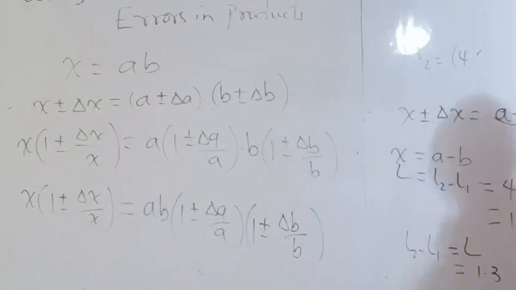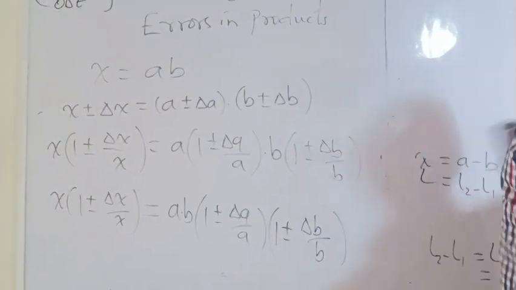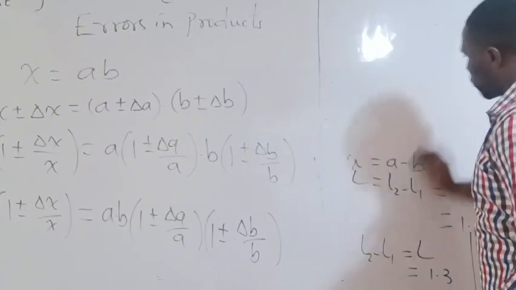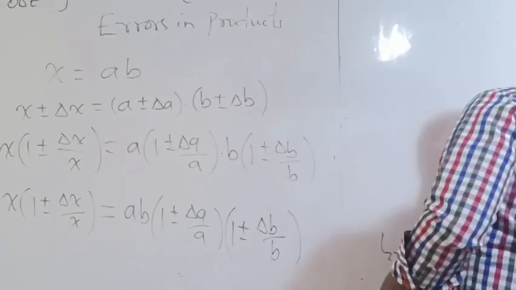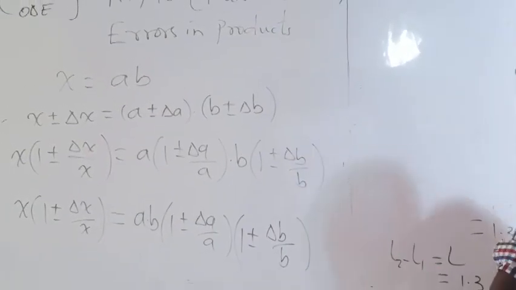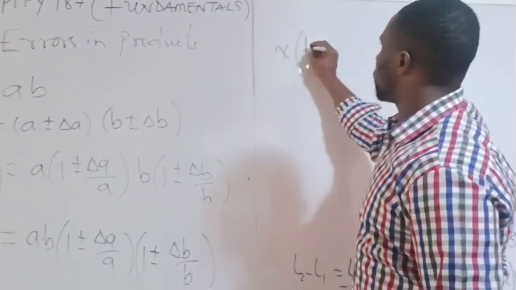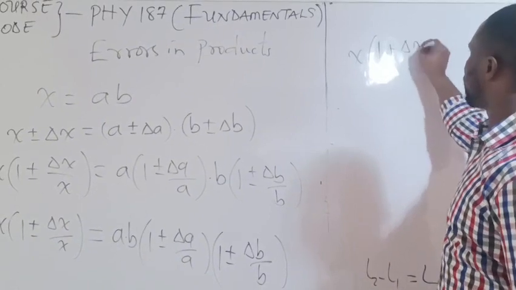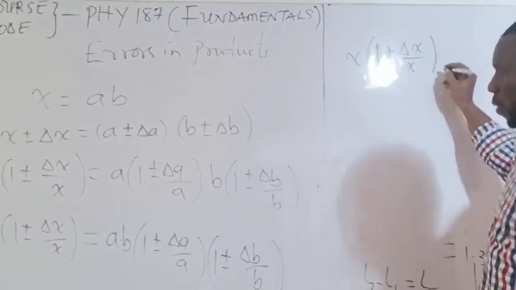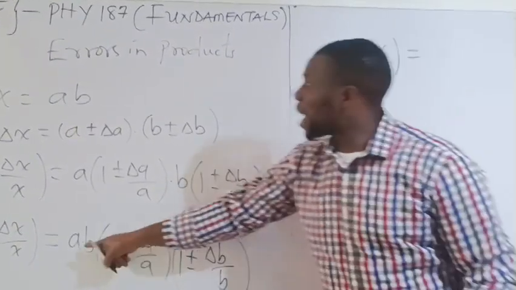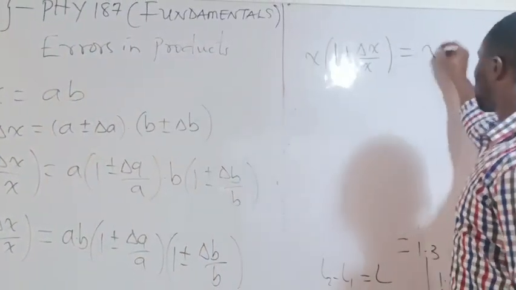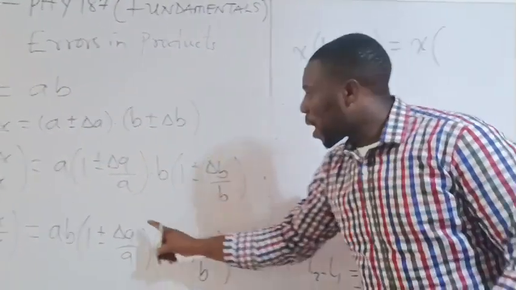Now this will translate to the term on the left, x into 1 plus or minus the fractional error in quantity x. And of course, a times b, we saw that to be x. So I have x, and now I will open the bracket.